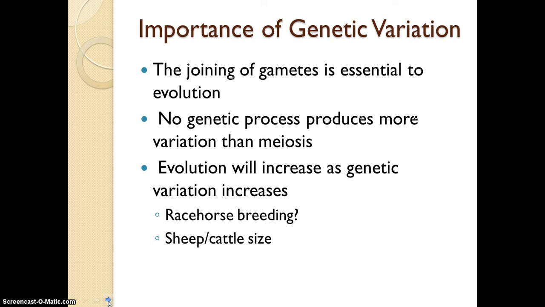But what would happen if something was wrong with some of those genes of that fastest and best racehorse? Well, those bad genes would never go away because they're the only ones that are breeding and passing those bad genes on from generation to generation.